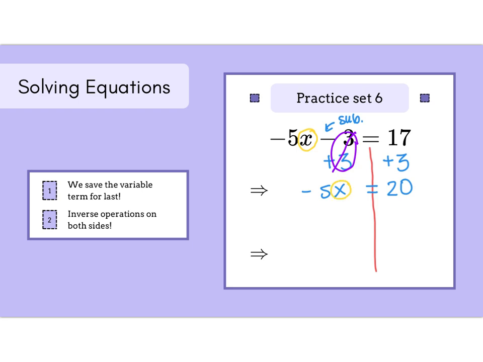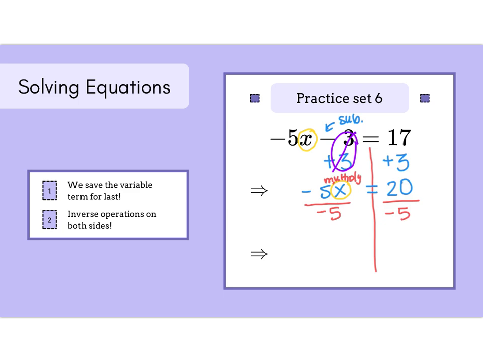The only way to get it by itself now is to get rid of that 5. And I know in between that 5 and the x, it is being multiplied. So to get rid of multiplication, I divide. And I need to make sure that I divide by a negative 5 because that is a negative 5 in front of the x. So I divide the left side by negative 5 and the right side by negative 5.